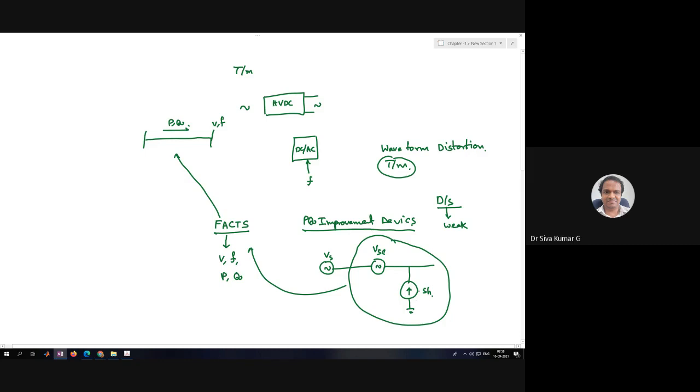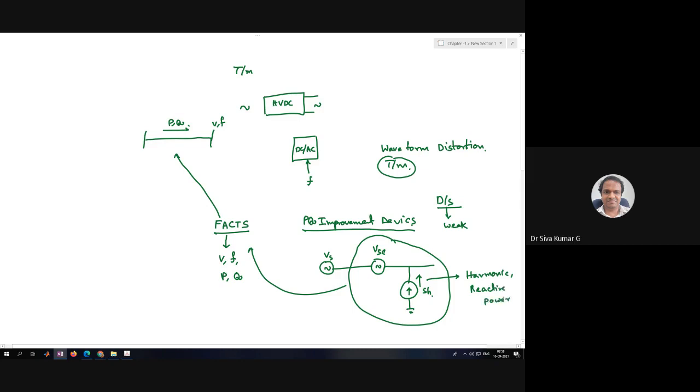This is the shunt device, which tries to pump or inject the harmonic current as well as a reactive component of the power.